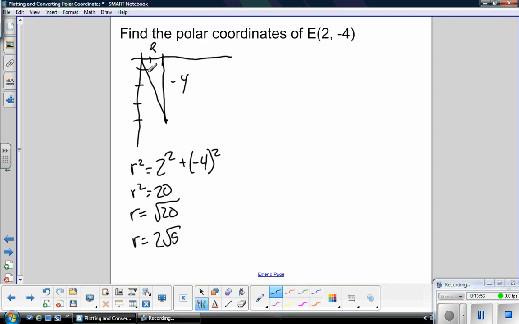Now I need to find theta. The tangent of theta is equal to y over x, so -4 over 2. Remember, in your calculator, you're doing the inverse tangent of -4 over 2.